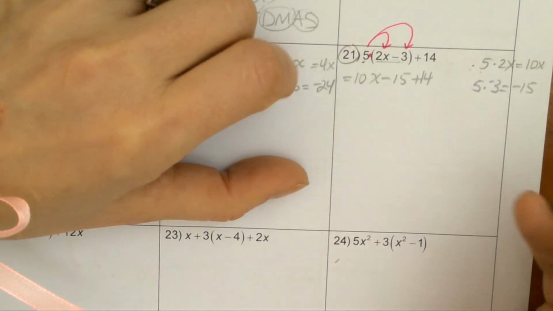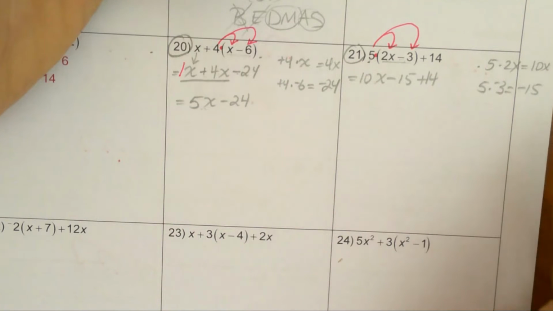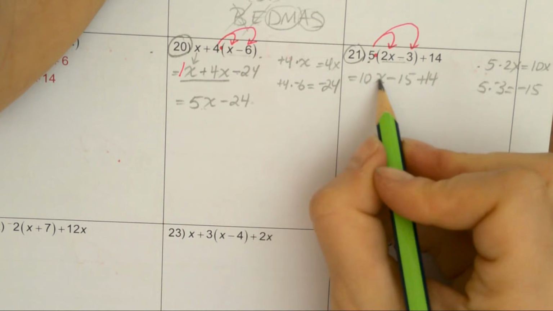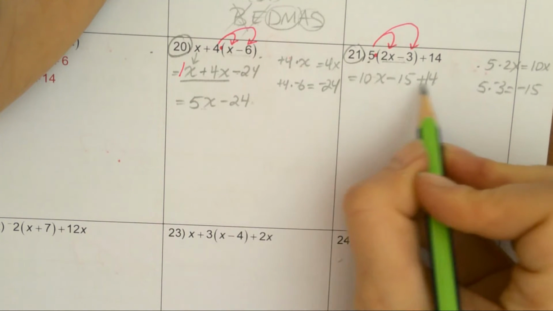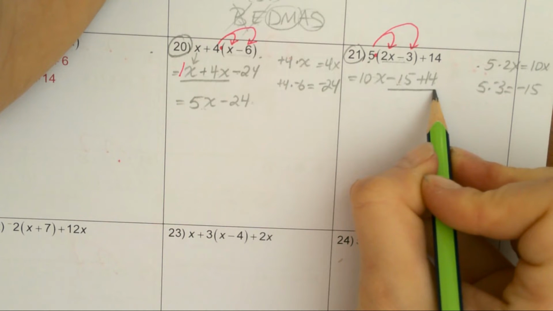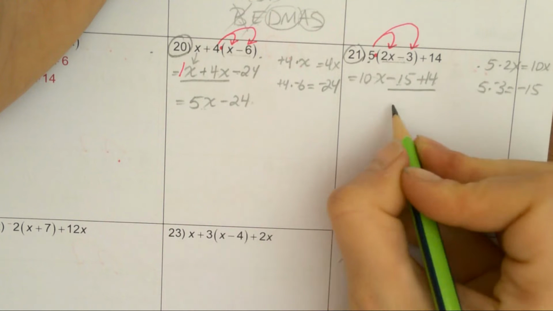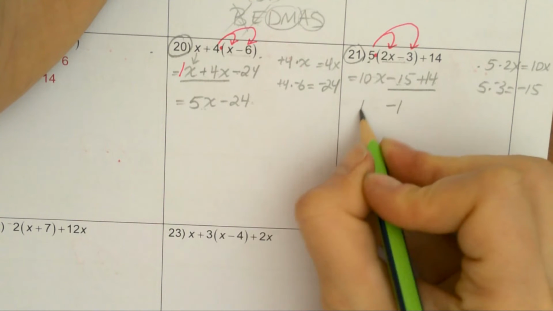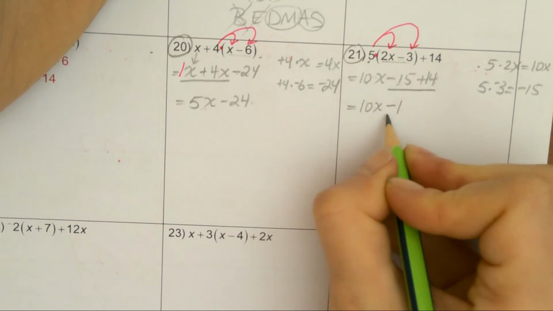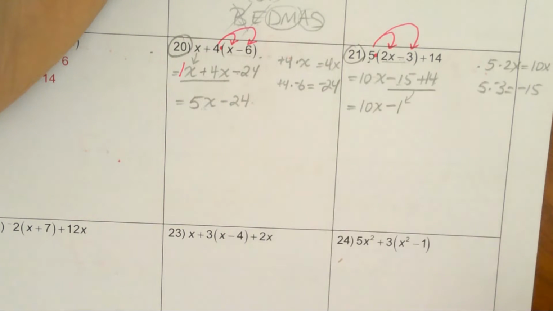So now, who goes together? Which ones are like terms? Well, this has an x. These two don't have x's, so I can put these together. I have 14, but I lose 15, so really I lost 1. So 10x minus 1.